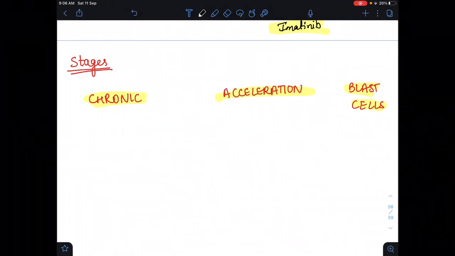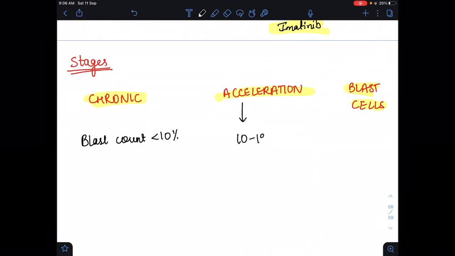In the chronic phase, the blast count is less than 10%, while in the accelerated phase the blast count is between 10 to 19%, while in the blast phase the blast count is more than 20%.